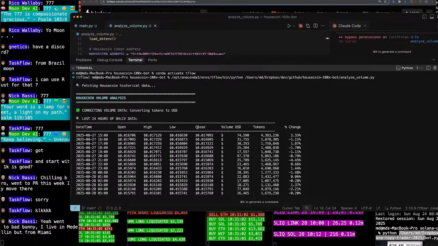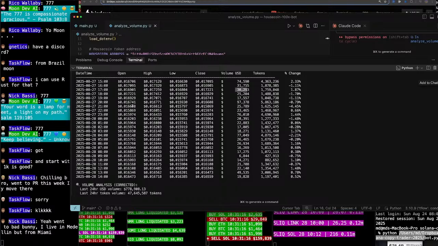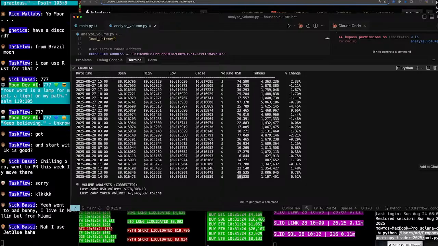So it looks like there's 70,000, 31,000, 30,000. This hour, I believe, there has been 19,000 in volume. Okay, 49,000, 22,000, 21,000. So there was a volume spike here.